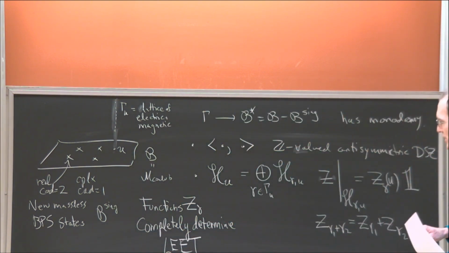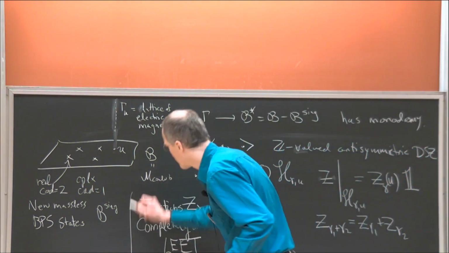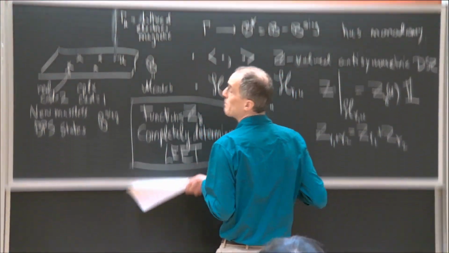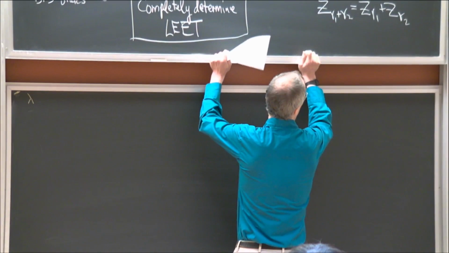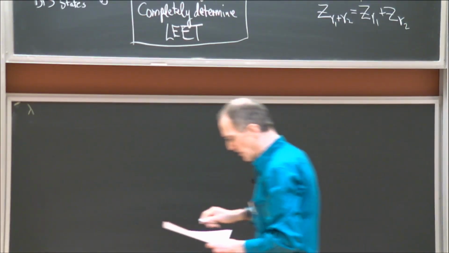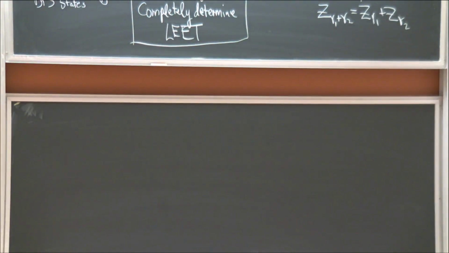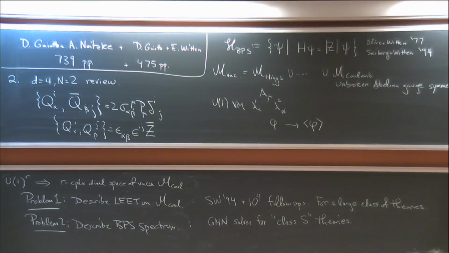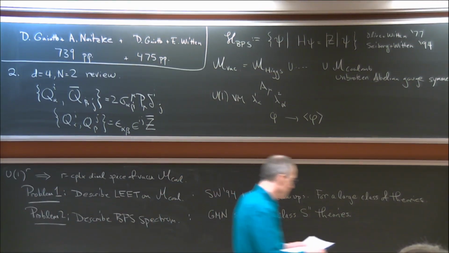So if you know the functions z gamma, then you can get the prepotential, and from the prepotential you write the Lagrangian in a very straightforward way. Okay, so what does it mean to solve problem 1? It means you give some way of writing down these functions z gamma, and that's what Seiberg did.